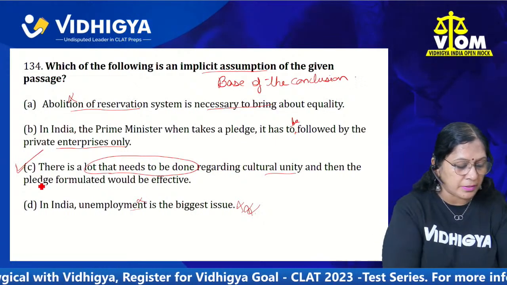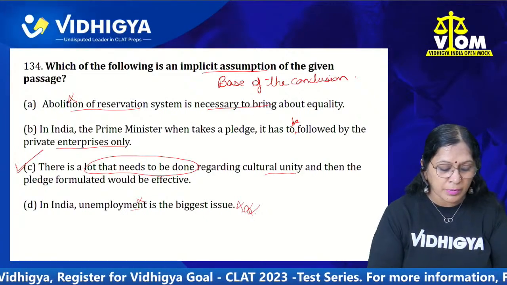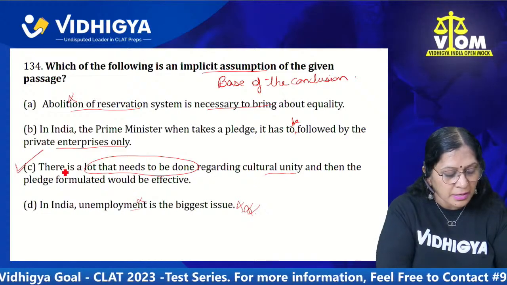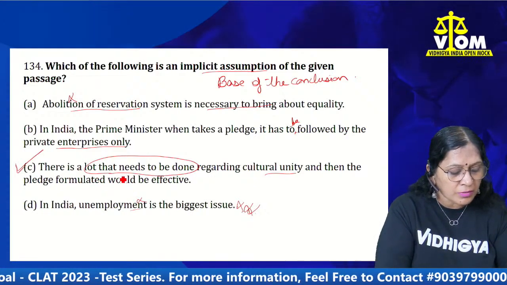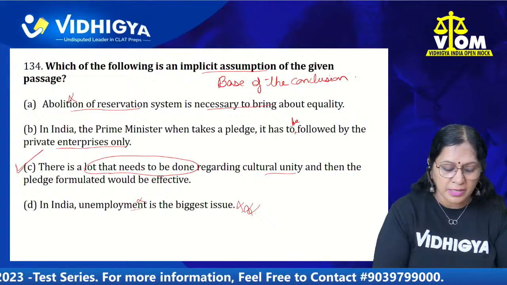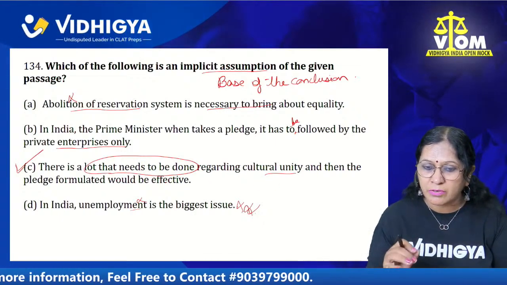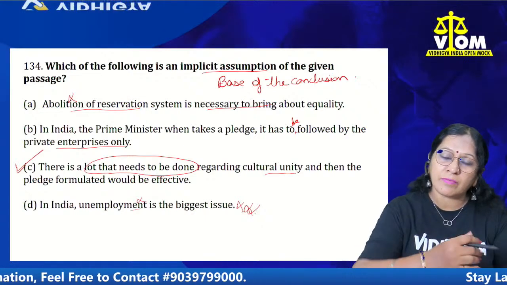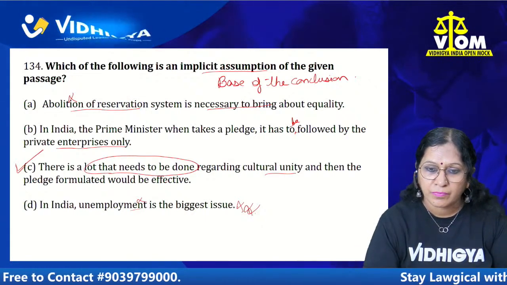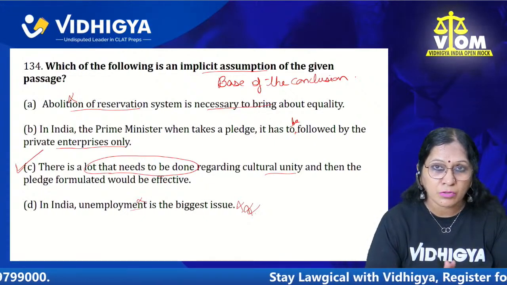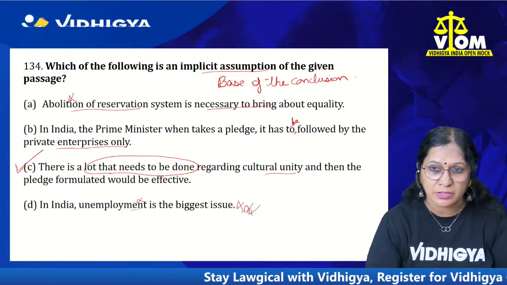To the statement. C is there. That lot needs to be done. Now, see, if I use the same technique, the negation technique, I say that there is not much to be done regarding cultural unity. Now, when I say there is not much to be done regarding cultural unity, can the author write whatever he had written in the paragraph? No, he had said a lot remains to be done. वैसे दो बार ऐसा लिखा है. You can check the passage. Right?